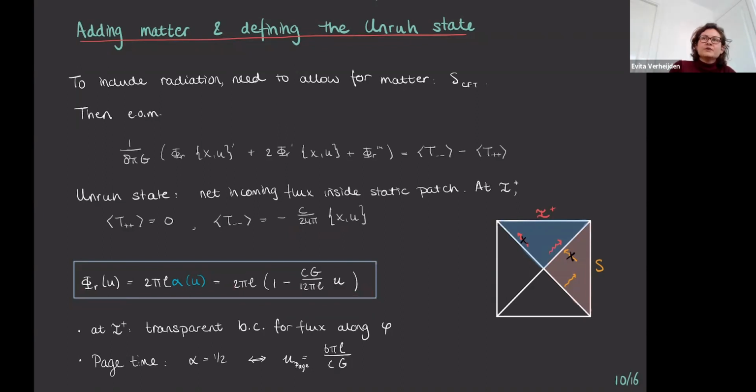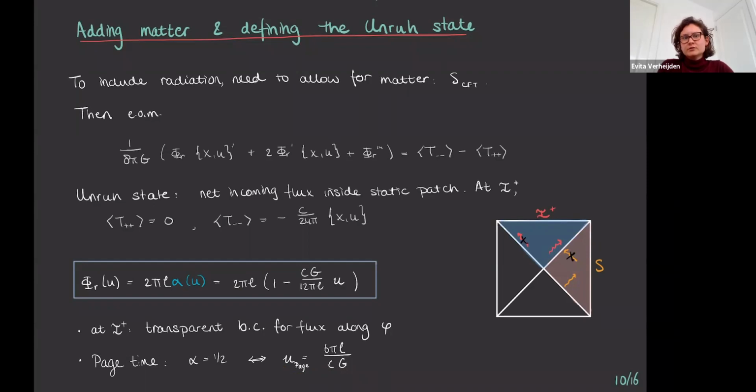So what we've done is we've set 2D evaporating conditions inside this spacetime, took them to the boundary, and see what they mean for this u evolution. One way to think of this is that at scri plus, at future infinity, we've sort of set transparent boundary conditions for the flux along this phi direction. And just from this formula, you can define a Page time to be the halfway point of evaporation. So this parameter u at the Page time is given by this combination of parameters.